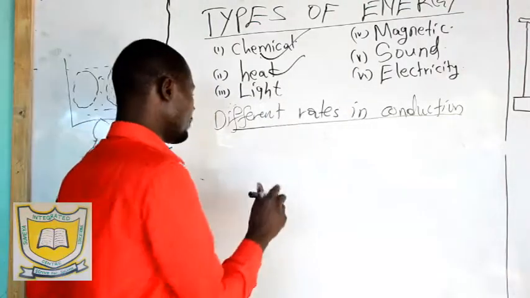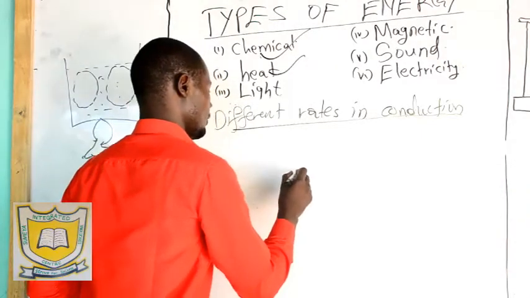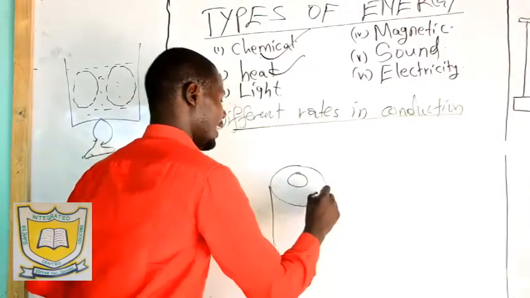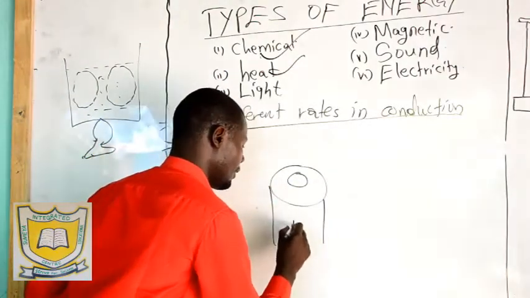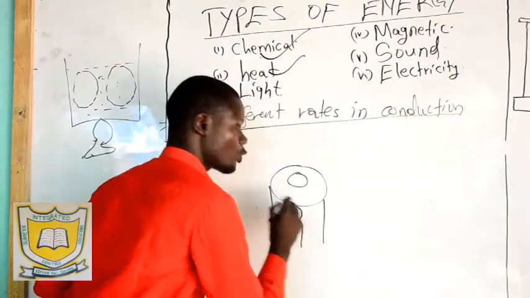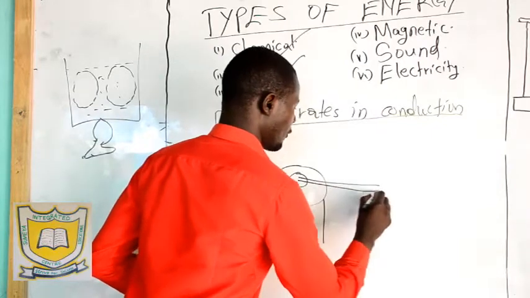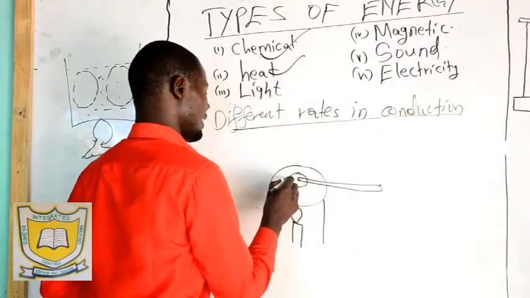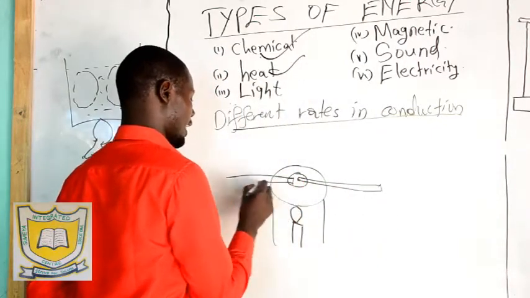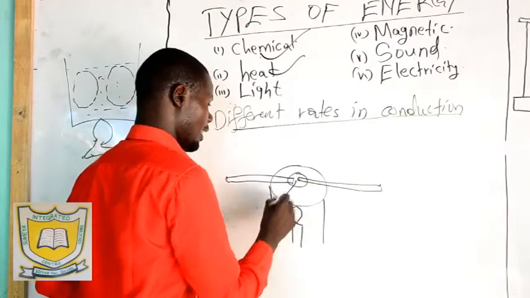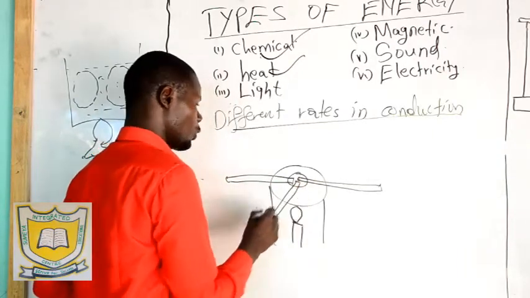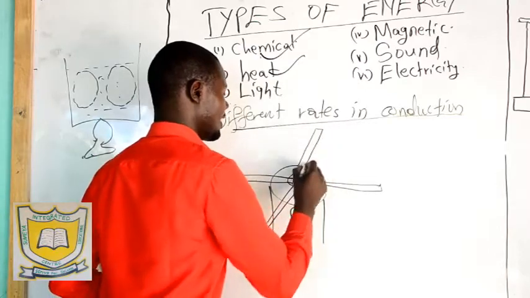So an experiment like this, then I have my source of heat here. This one is a source of heat. All the metals are of the same length, and they are fixed there at the same time. And then we have to know which metal is conducting faster than the other one.